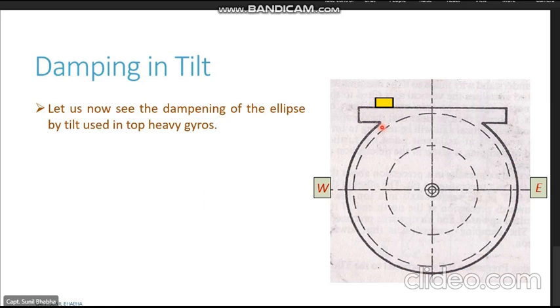So the freedom to spin is provided to the rotor and the spin axis by these ball bearings. The casing is not free to spin. The casing, however, is free to tilt up and down, and the casing is free to drift also in the easterly or westerly direction. But the casing is not free to spin.